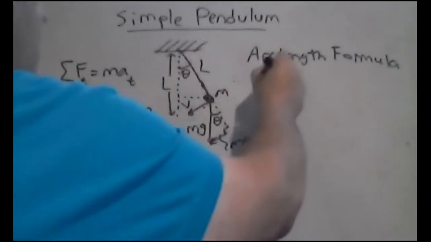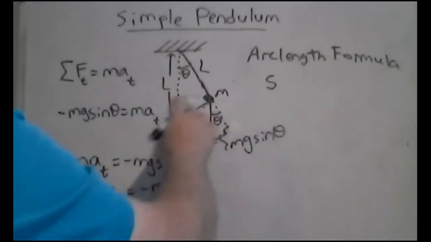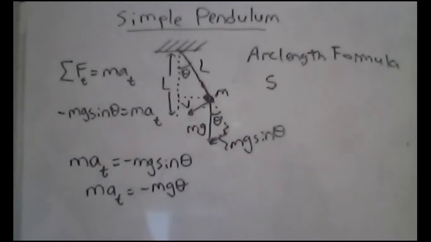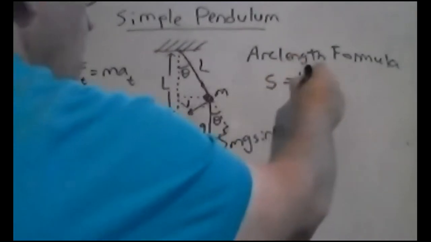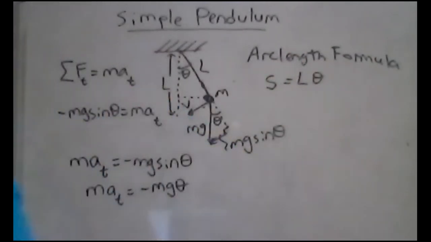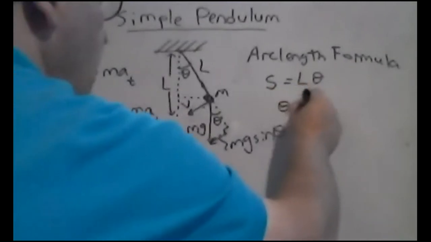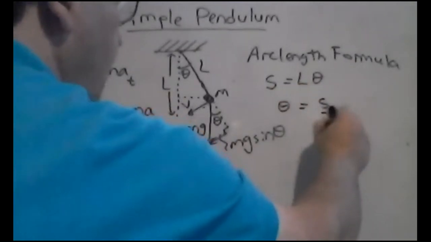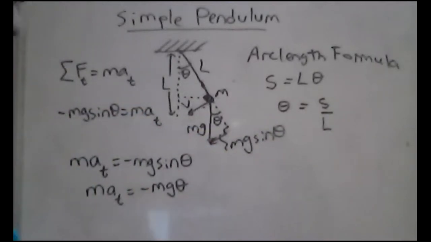I'll call this arc length S. This distance right here at the end of my sector is going to be the radius, which is L, times the angle subtended. So what I can actually instead write is that theta is now S over L. Instead of writing theta, I can sub in S over L.